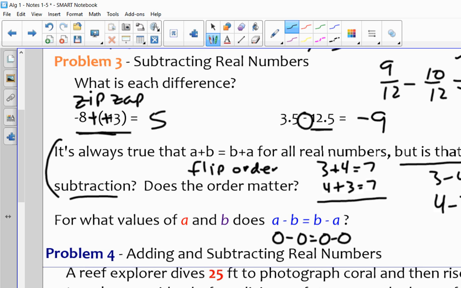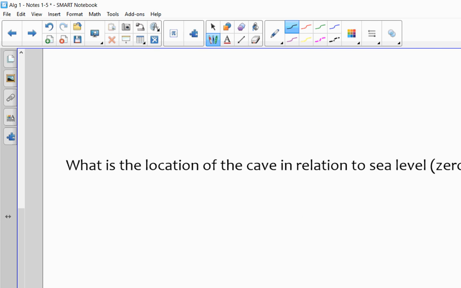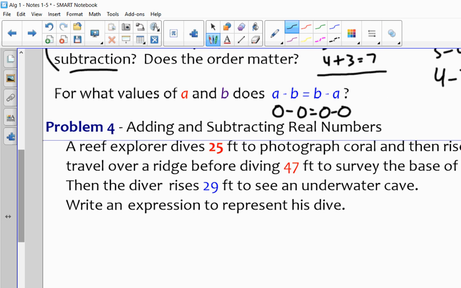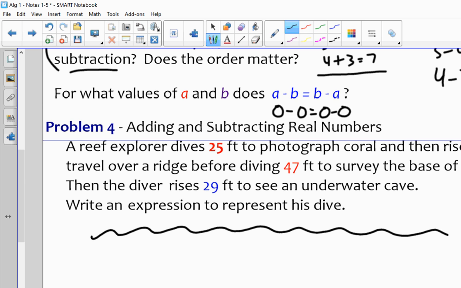Okay. Problem number 4 here. We're going to do a little drawing. You have this diver that wants to get in there and take pictures. Obviously the diver is going to start at sea level or lake level, so we're going to call that 0. And they're going to dive to 25 feet, which means they're going to dive down 25 feet.